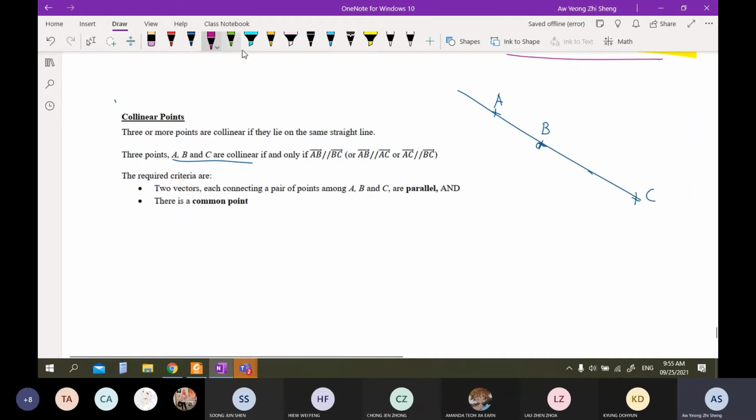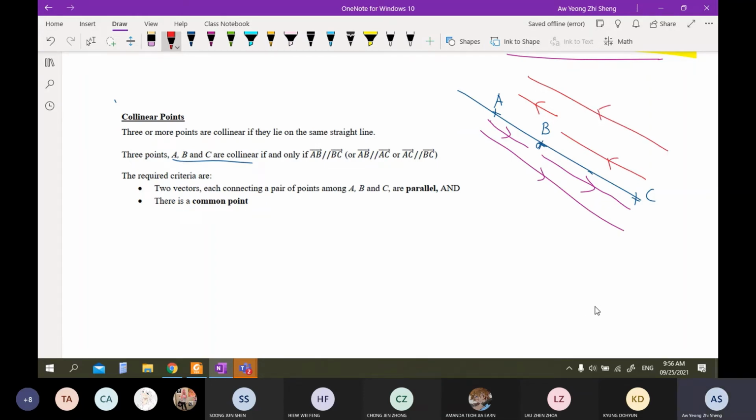Well, if you try to form vectors using any two of the 3 points, you can form this as vector AB, this as vector BC, and this as vector AC. Or I can also form BA, CB, CA. There are so many vectors that we can form using two of the 3 points.